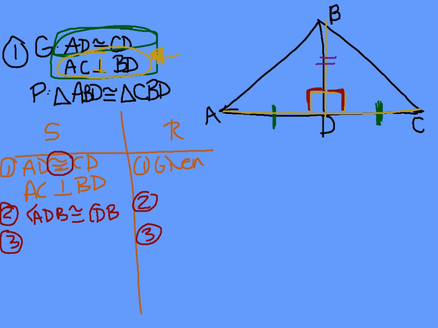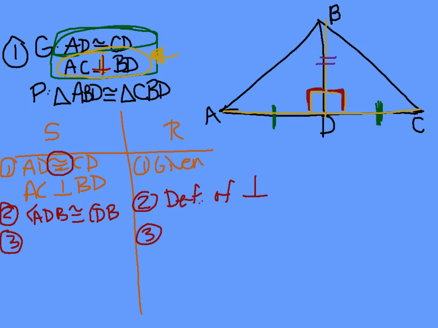And why is it congruent? Why did we say that those were right angles? What was the reason? Because they gave us that we have perpendicular. So this is going to be the definition of perpendicular, and you can write it just like that to abbreviate it.